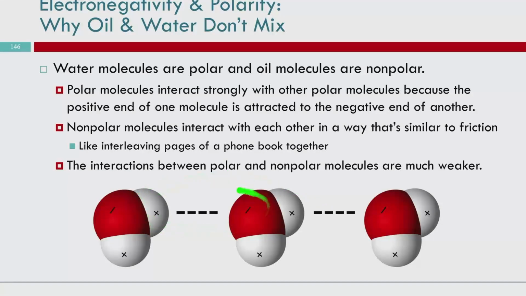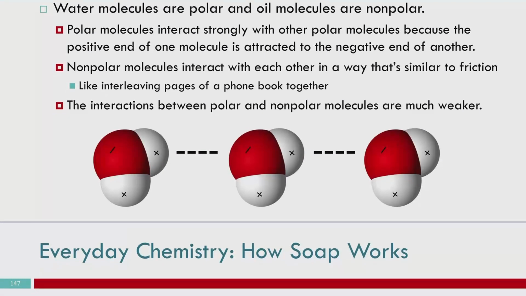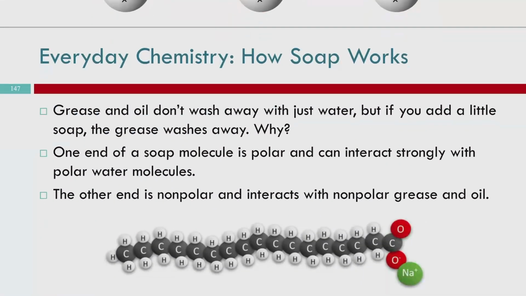And because of these strong attractions between the positive and the negative, it's sort of like if you threw a bunch of marbles together and they were magnetized, they would all clump up against each other. That's sort of what our water molecules are doing, and when they do that, they squeeze all the oil molecules out. So these all link up, squeeze out the oil molecules, and the oil molecules get pushed out.